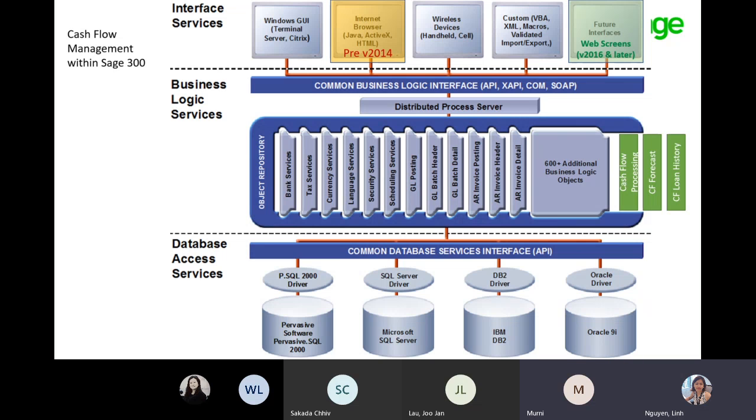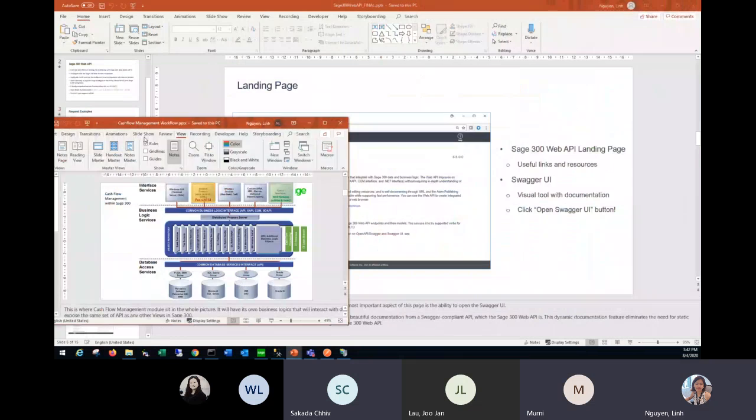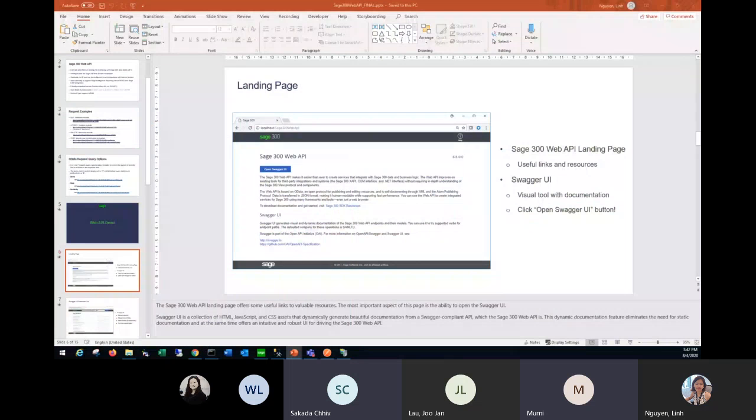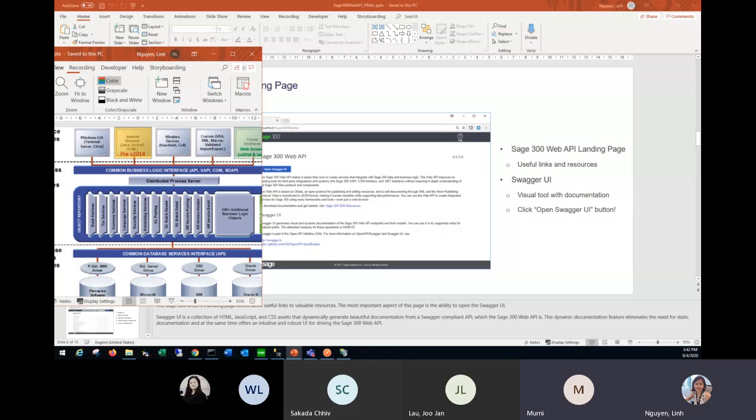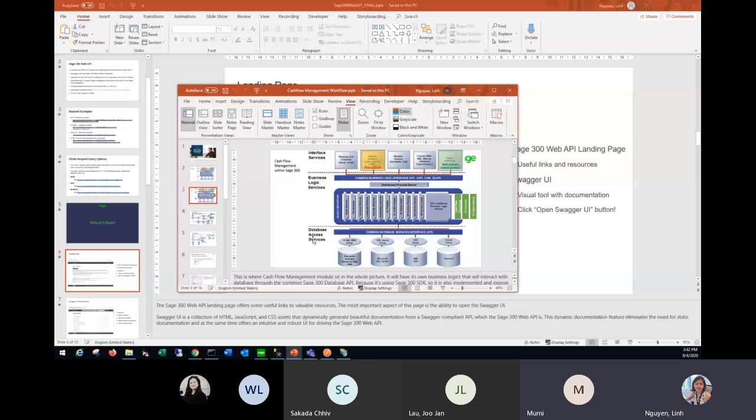You must use web API to insert or to extract data from Sage 300. Got your point. One funny question: is there any way we can bypass the business logic? The only way is to access the database directly.